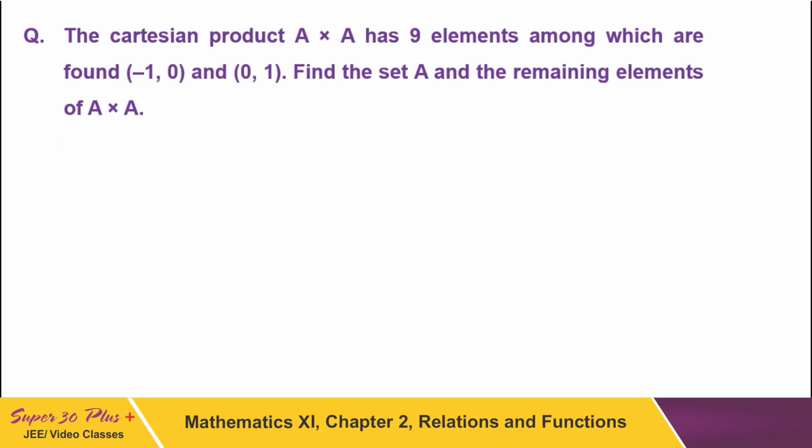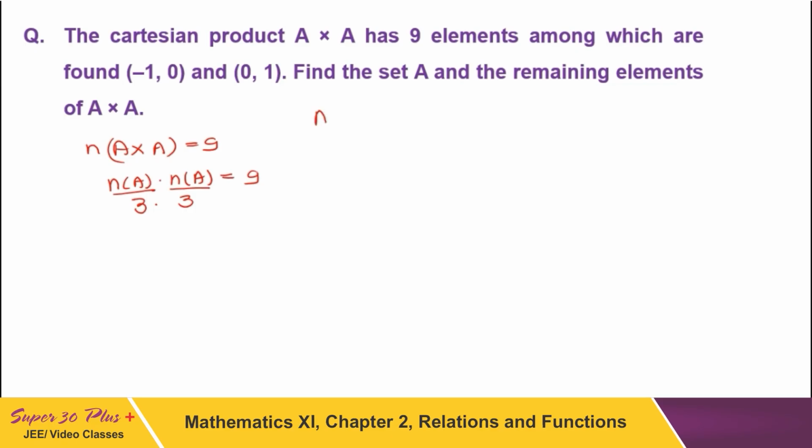Students, let's see an example here. The Cartesian product A cross A has 9 elements, among which 2 elements are given. What is the meaning of this? Means n(A) into n(A) equals 9, because the set is the same, that's why there are 3 elements and 3 elements here, 3 into 3, 9.